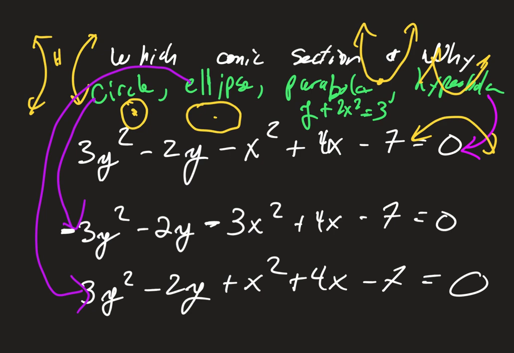That would be fine. This and this are different, but both positive. Makes it an ellipse. Circle this number, different numbers and positive and negative, hyperbola. There's only one squared value, it's a parabola.